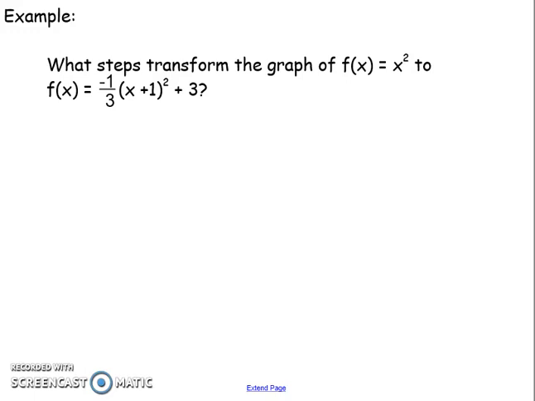So what steps transform the graph of f of x equals x squared to f of x equals negative 1/3 times x plus 1 squared plus 3? So what we're doing here is just writing in words what's happening. So the negative means that it's going to be reflected over the x-axis.